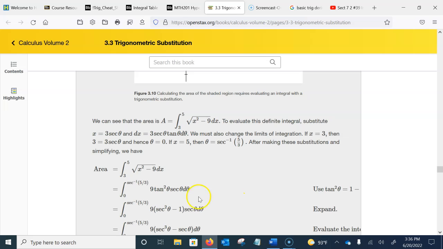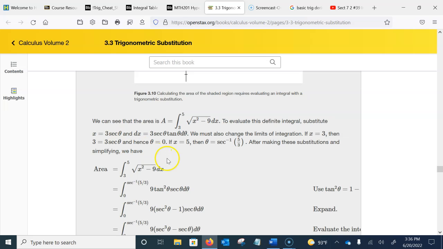Okay. Now notice this is a definite integral, so I have to change the limits of integration. These were in terms of x, but I have a definite integral in terms of theta. So remember, theta is the inverse secant of 5/3. Right? So how do I get that? If x equals 3 secant theta, divided by 3, x thirds equals secant theta, and to solve for theta, I apply inverse secant to both sides.